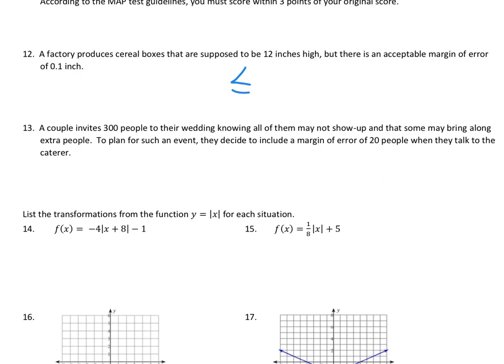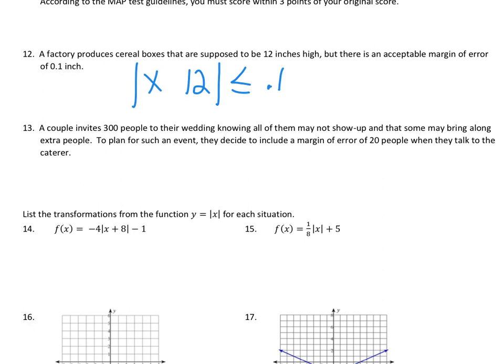And I know that it has to be in between by 0.1 of an inch. So I'm going to put less than or equal to 0.1 here. Now for the absolute value inequality, I'm going to say that x, and then I need to figure out, well, I know that it's 12 inches high, so it's x 12.